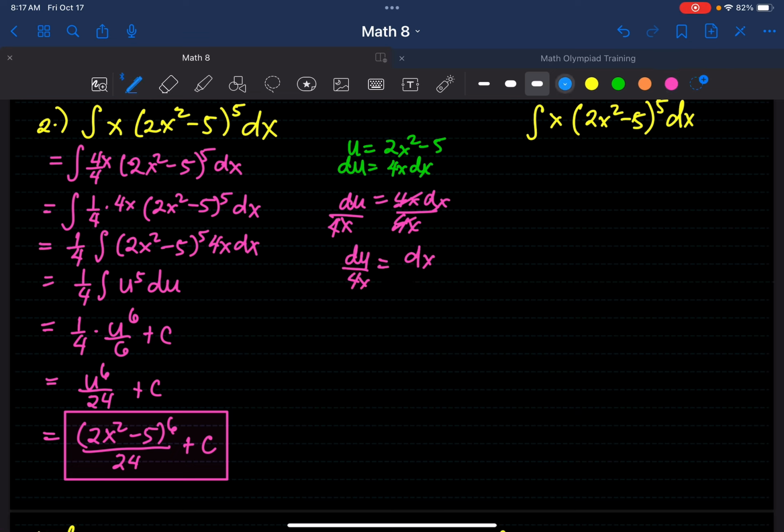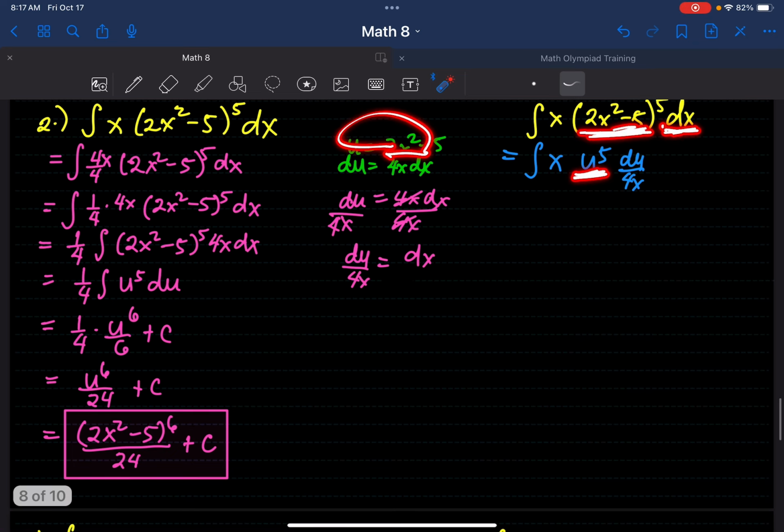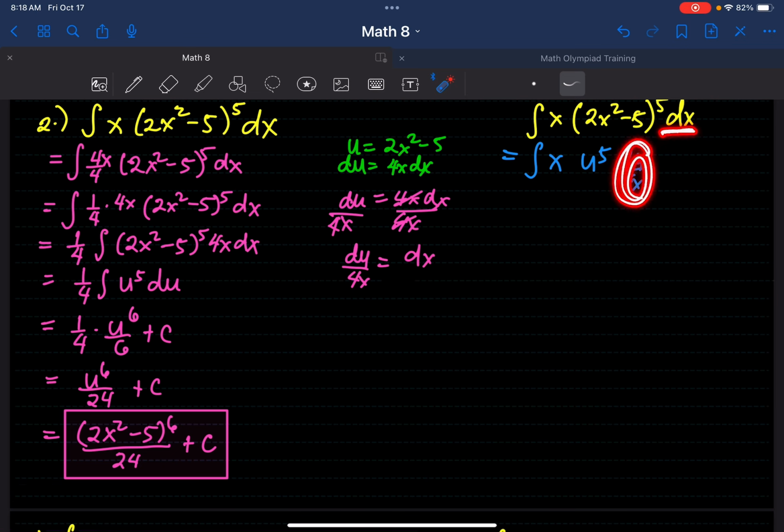So let's solve this. The integral of x times u raised to 5 times du over 4x. This is our u, that's why it becomes u raised to 5, and dx is equivalent to du over 4x.